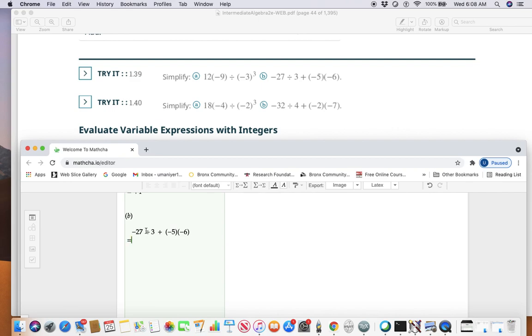So there is a signed number divided by 3 plus something times something. So division and multiplication, they have the same priority. Therefore, you go from left to right. Negative 27 divided by positive 3 is negative 9 plus, leave everyone else as they are.